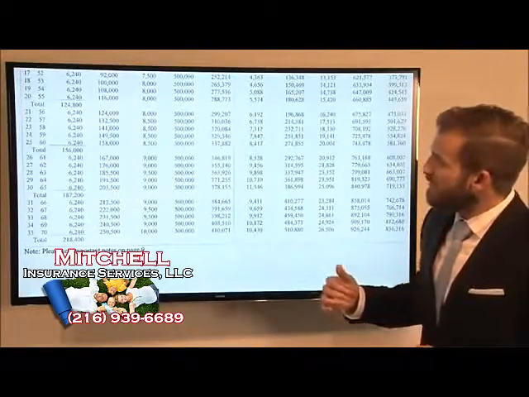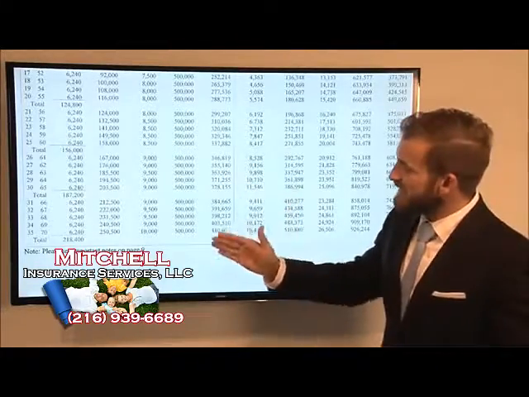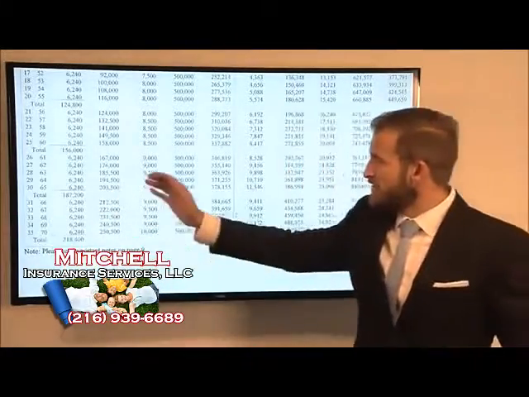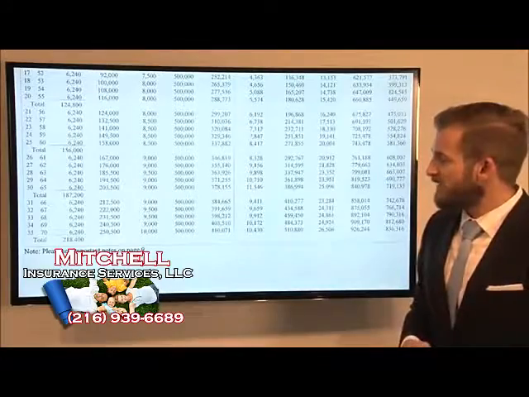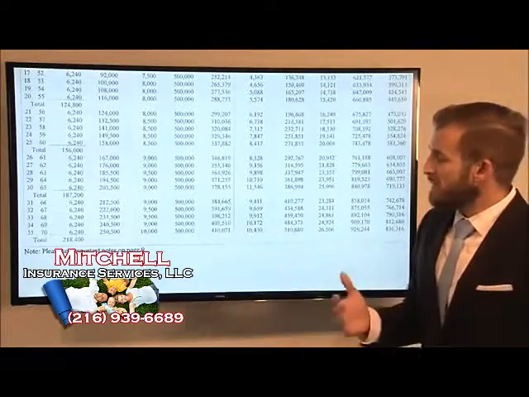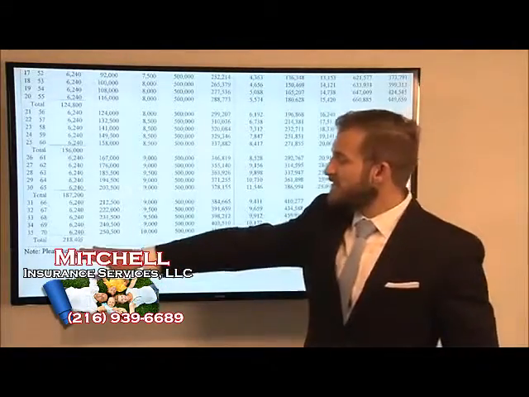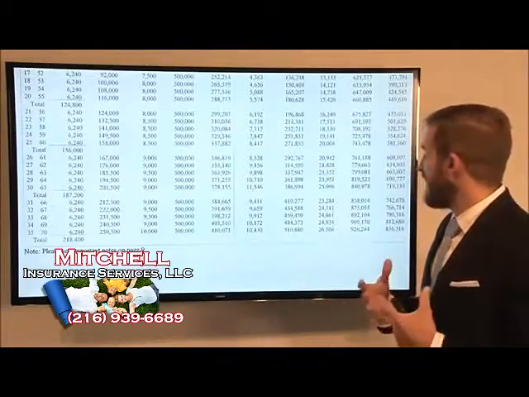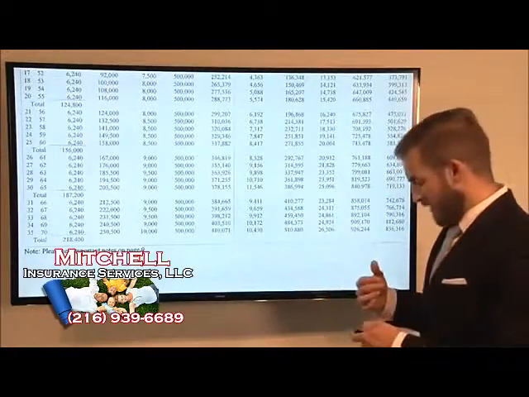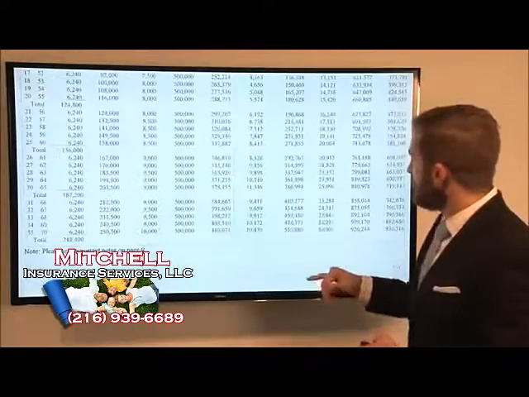If we go further down, this is from year 17 to year 35. So this is from age 52 to age 70. The total amount of money that's being paid in by age 70 is $218,000. But the amount of cash value that's been built up in this policy is $510,000.